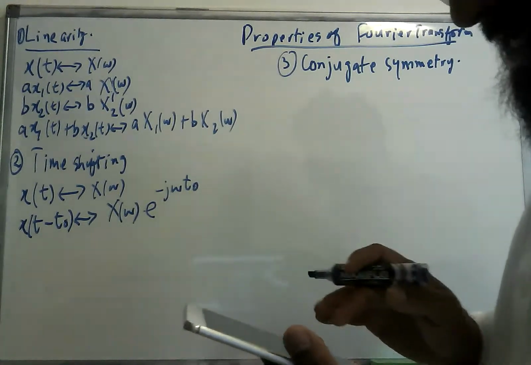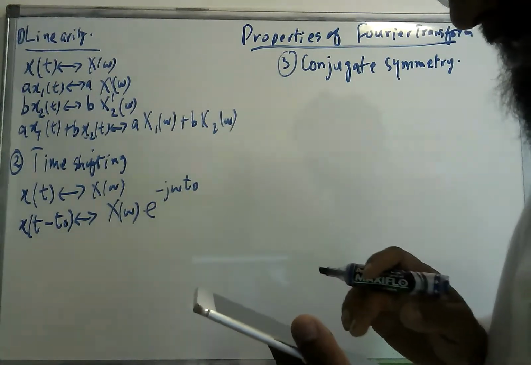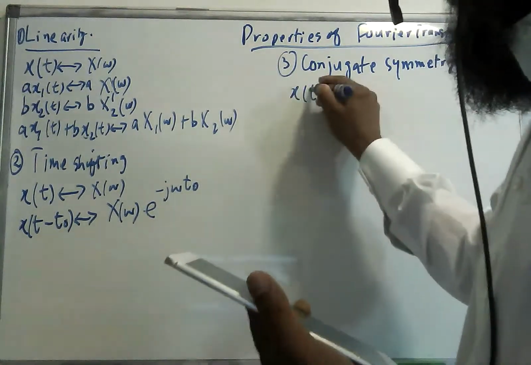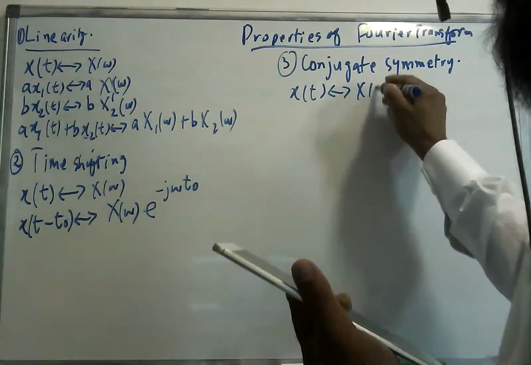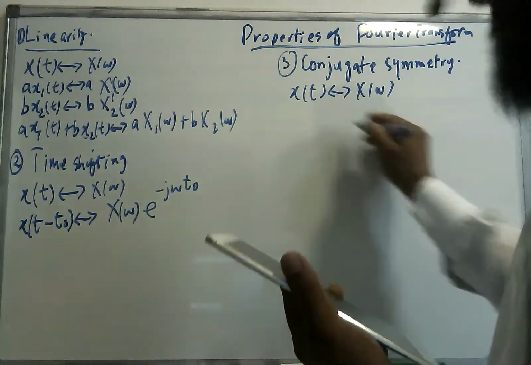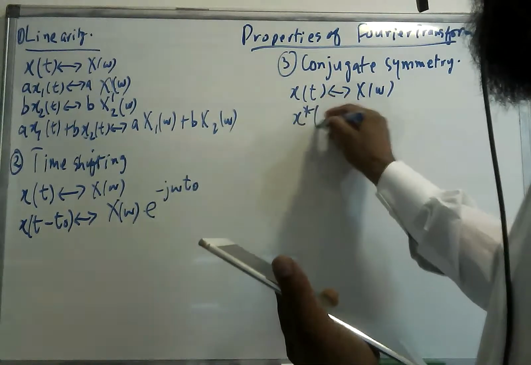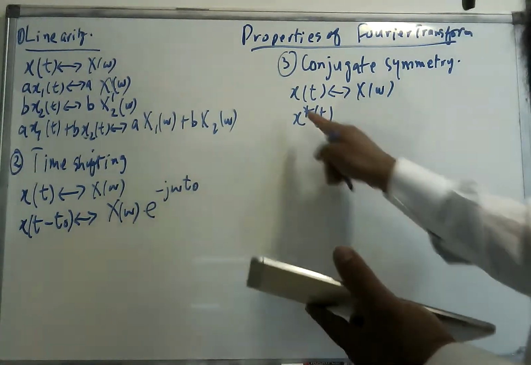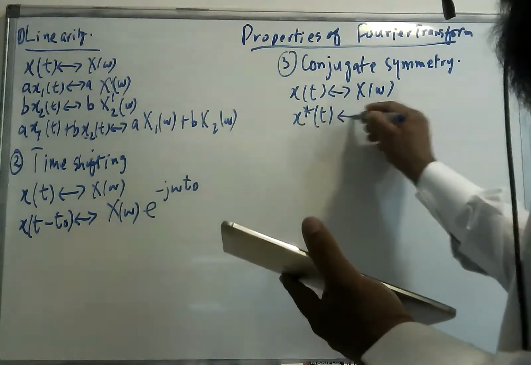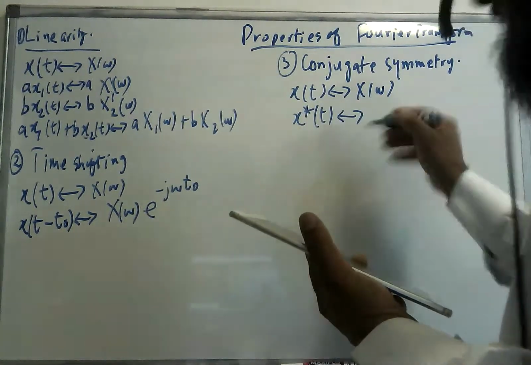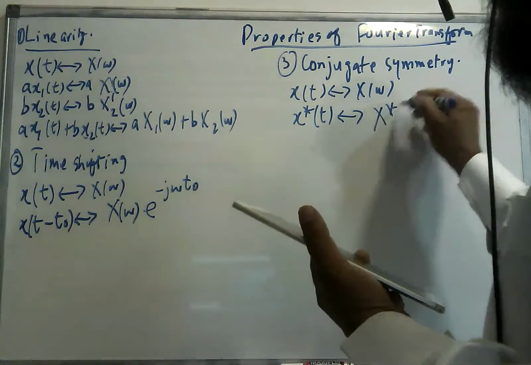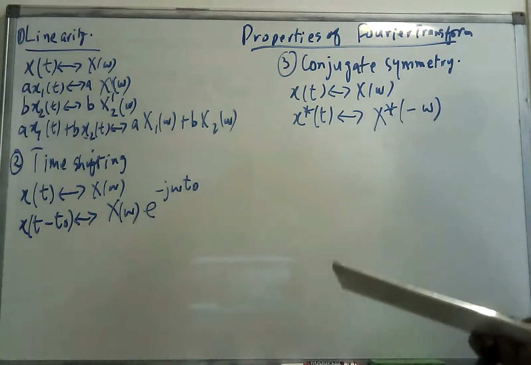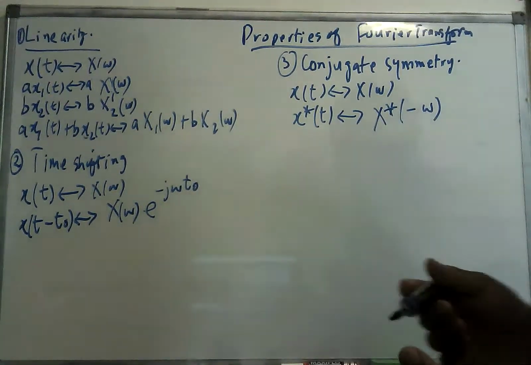This property says that if I have x of t and the Fourier transform is X of omega, then, since x of t is complex, the Fourier transform of the conjugate of x of t is the conjugate of the Fourier transform, where on the other side we take the conjugate and the negative of the frequency.